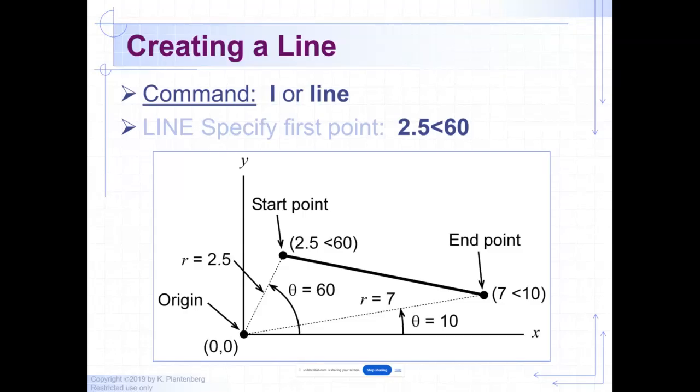So my relative one is actually the one down here at the bottom. I'm assuming it would have to be, yeah. So it's relative from the 2.5 angle 60 down to the one that's 7 angle 10 degrees. So what that means is it's going down at 7, unless they started.